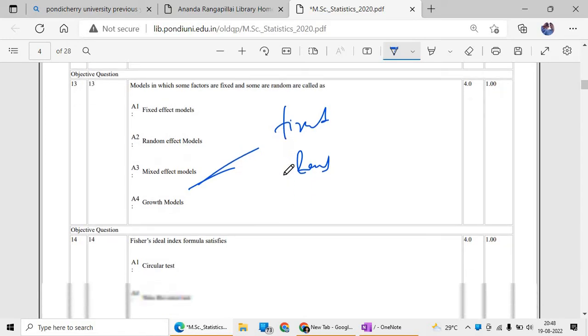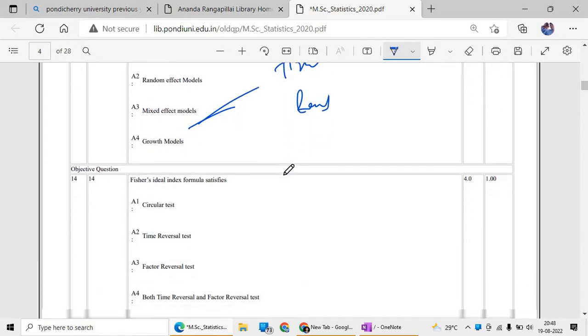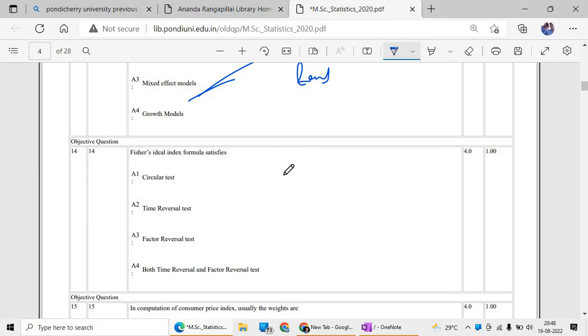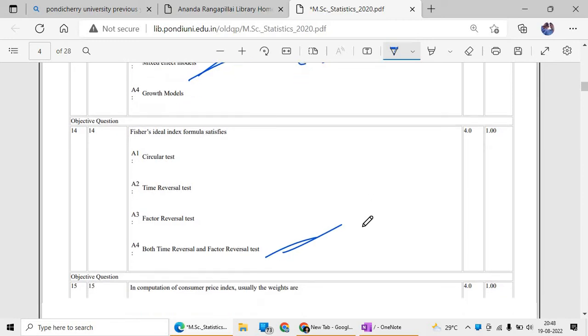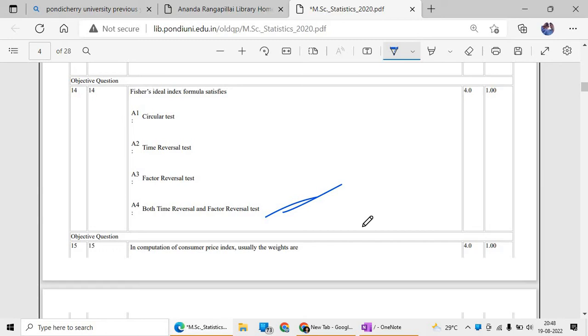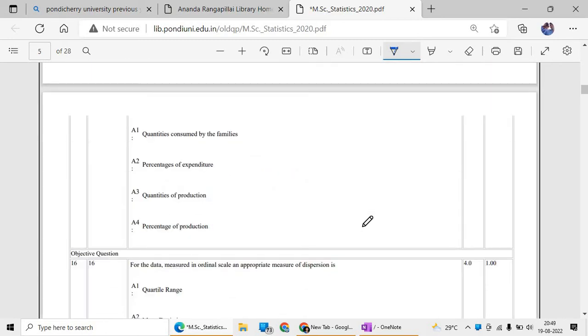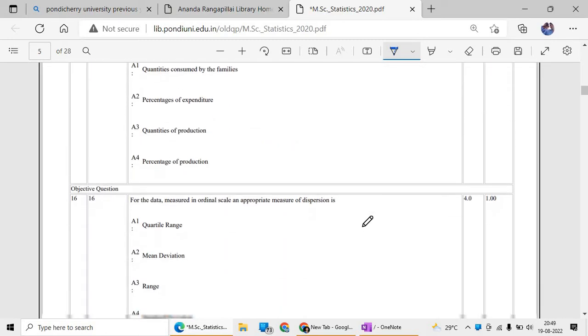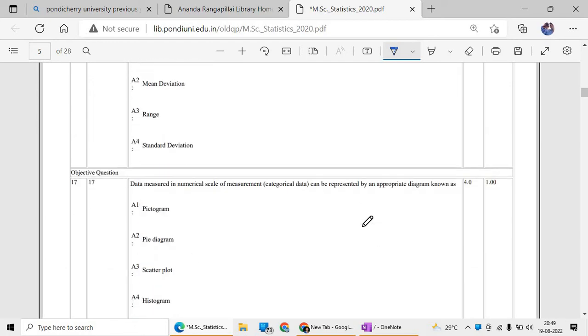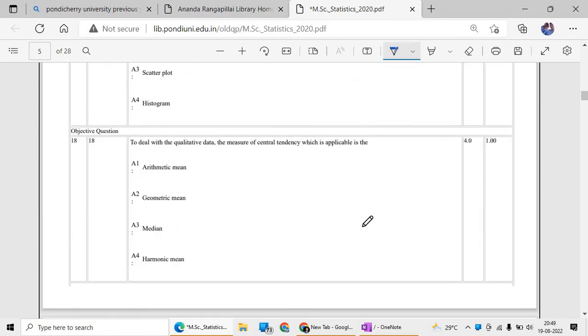Then the 14th one, Fisher's ideal index number satisfies both the factor reversal and time reversal tests. Theory questions you can read from B.L. Agrawal book or FMS or FAS book. These are the standard formulas. So you can use this one standard question.